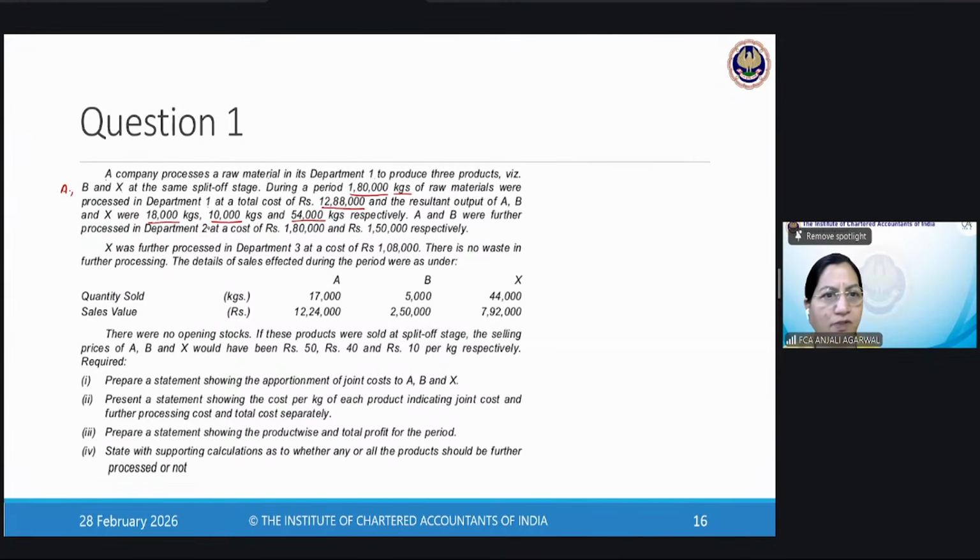A and B were further processed in Department 2 at a total cost of 180,000 and 150,000 respectively.